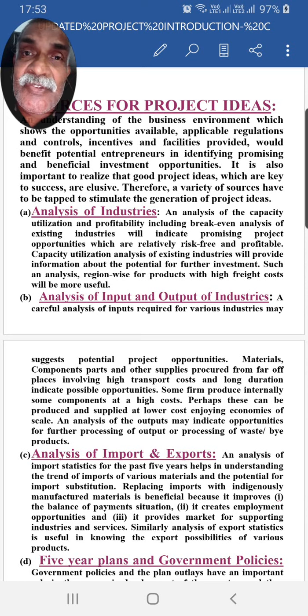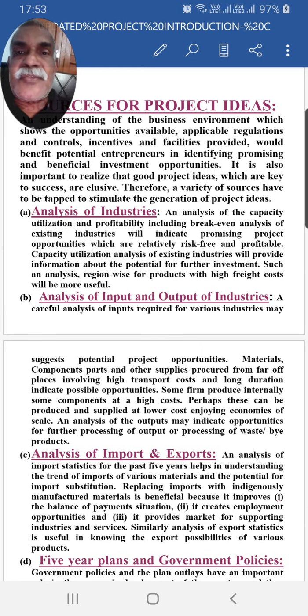Next one is analysis of input and output of the industry. So we have to analyze the input and output of the industry. A careful analysis of input required for various industries may suggest to potential investors the project opportunities.